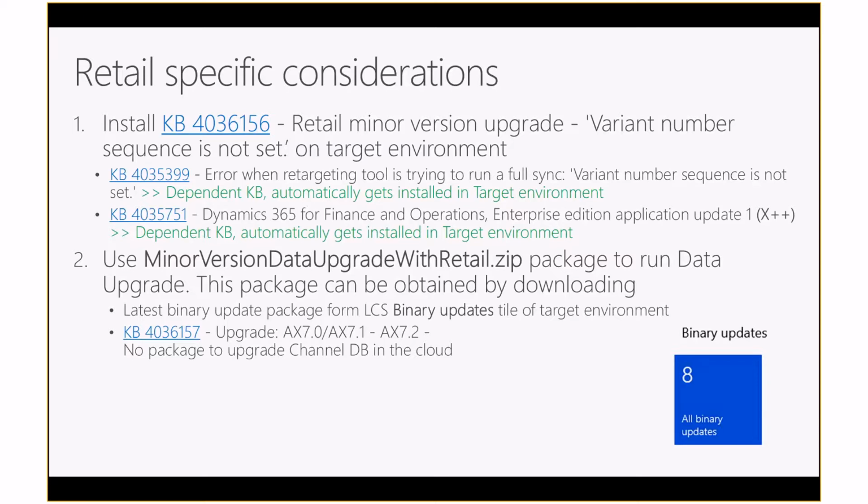The other dependency between these KBs is the 4035751, which is already the update 1. So the Dynamics 365 for Finance and Operations Enterprise Edition application update 1 for retail. So it means that you only have to install the upper KB, and automatically you will see when you install that these two other KBs will be installed as well, because they have hard dependencies.